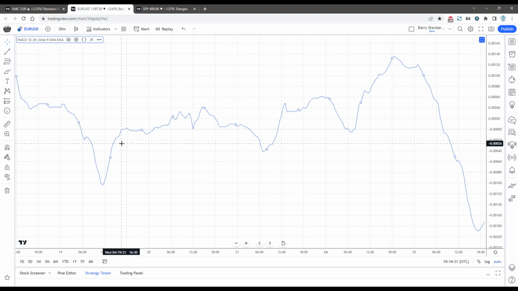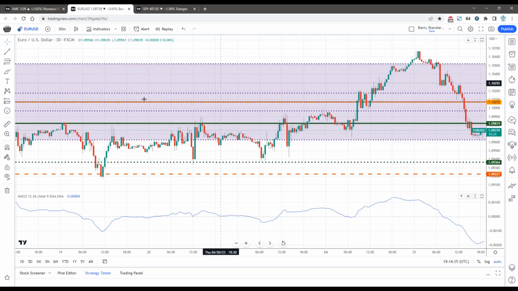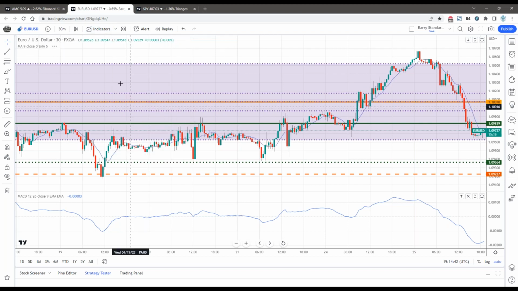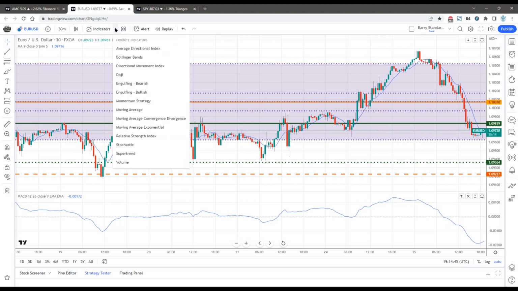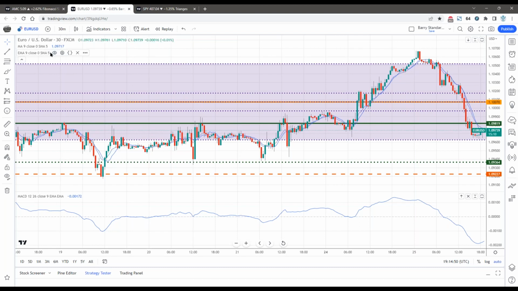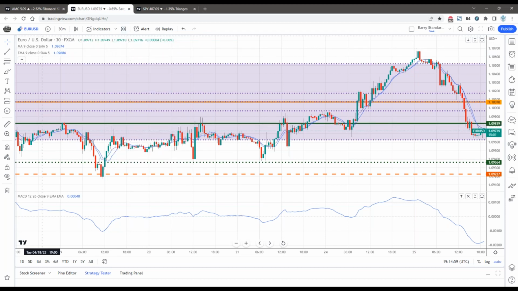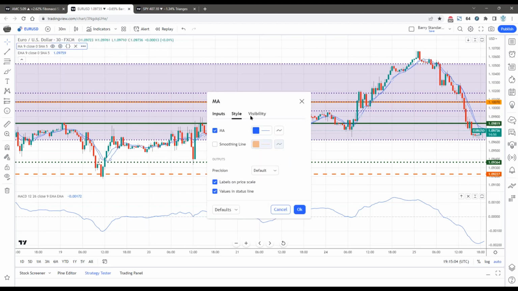This line came from a 12-period moving average. So I'm sorry, let me get these set up for you properly so you get it right.